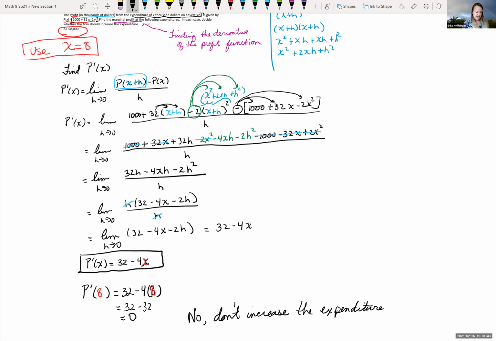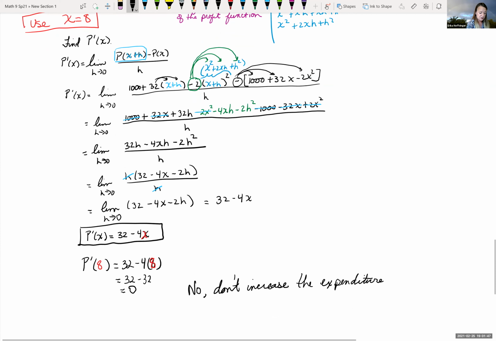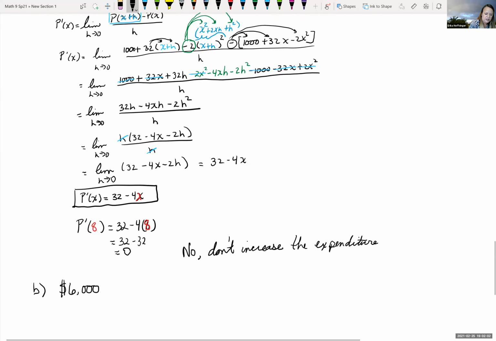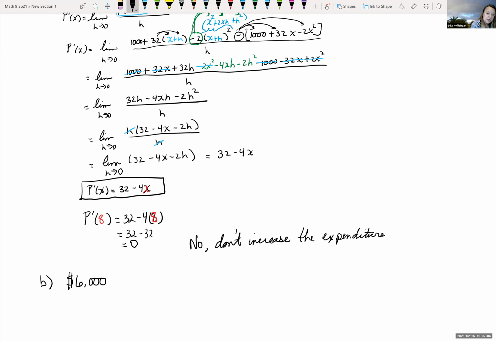So let's look at another one. We already did most of the work, and it wants to know, what about if the expenditure was $6,000? So in this case, because our x values are in terms of thousands, we're going to use x is equal to 6.